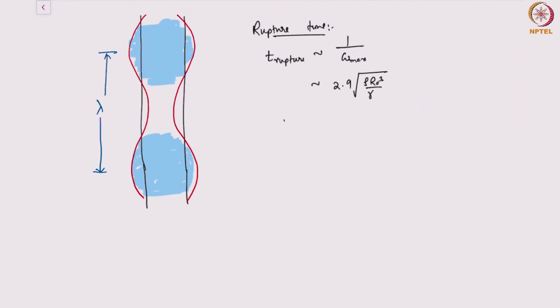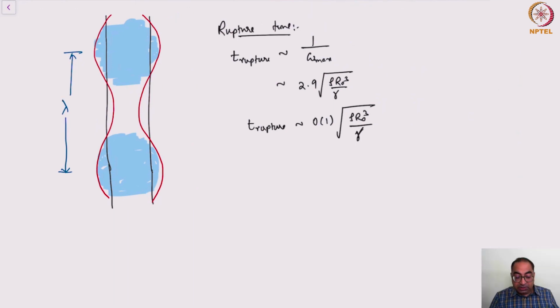But more importantly, I'm more interested than in the number 2.9. I want to note that this is an order 1 factor multiplied by rho r naught cube by gamma, right? So there's a natural time scale that emerges if you were to do a dimensional analysis in this problem, and the natural time scale will be square root of rho r naught cube by gamma.